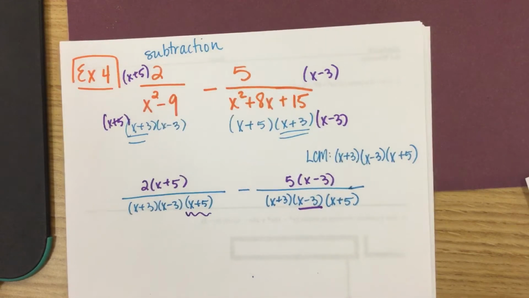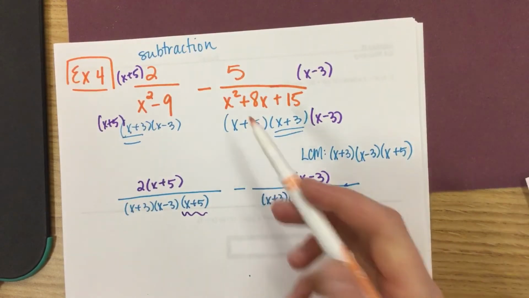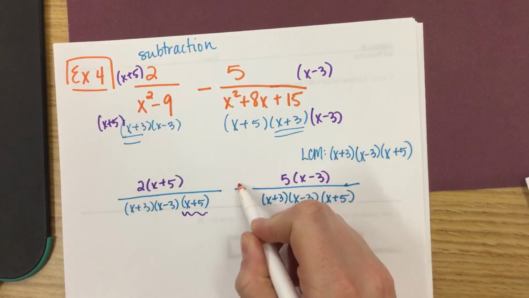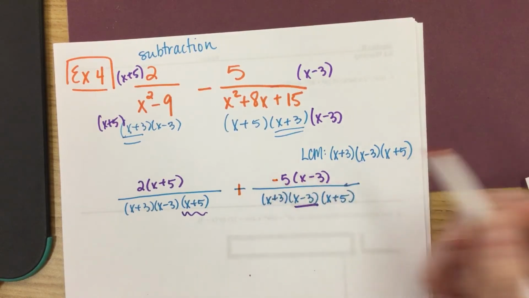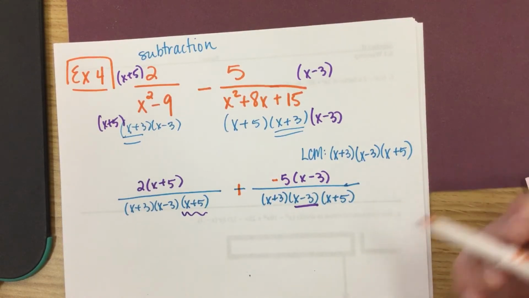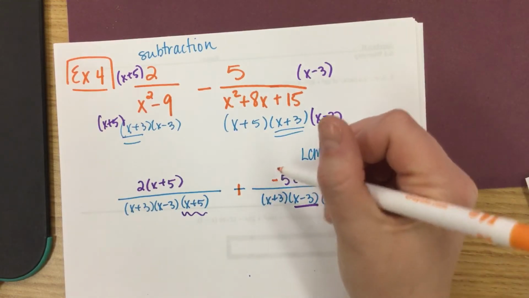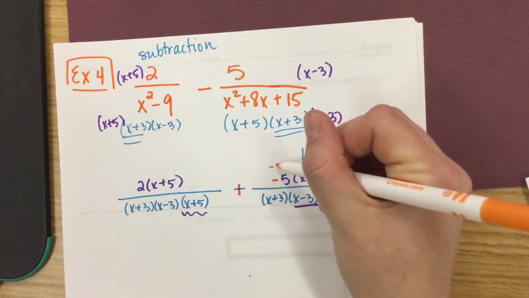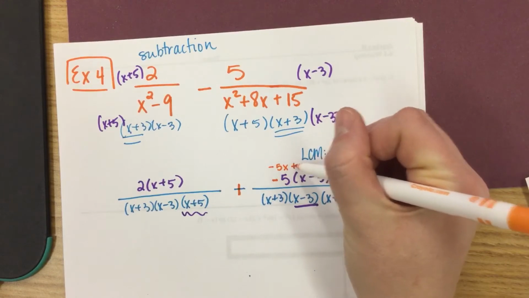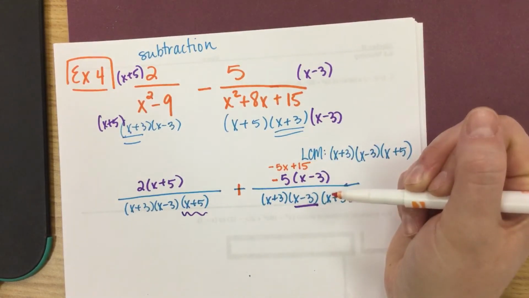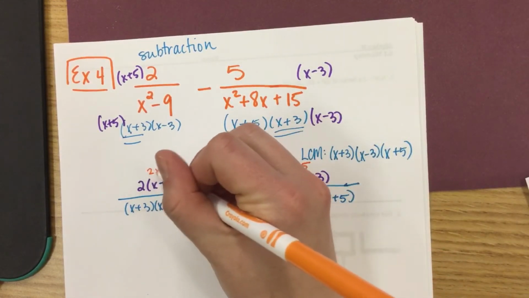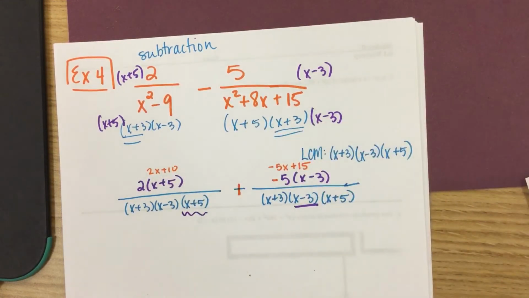So one of the things that we can do is, instead of looking at this as a minus, I can look at it as adding the opposite. So when I go to simplify my numerator, I have negative 5x plus 15. And over here I have 2x plus 10.